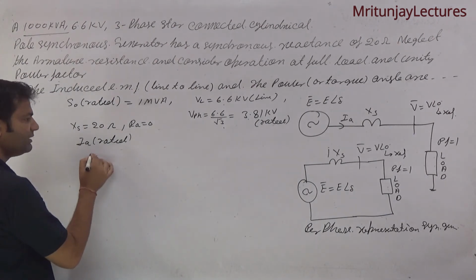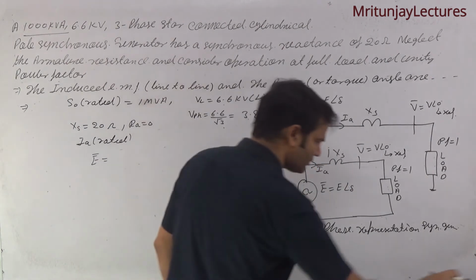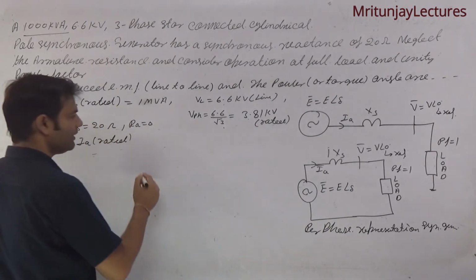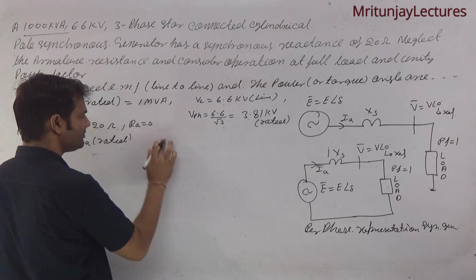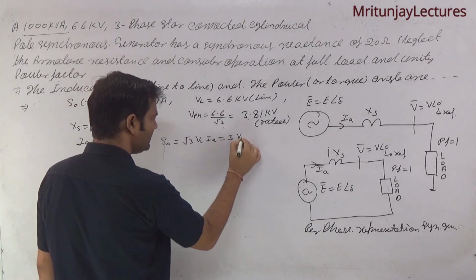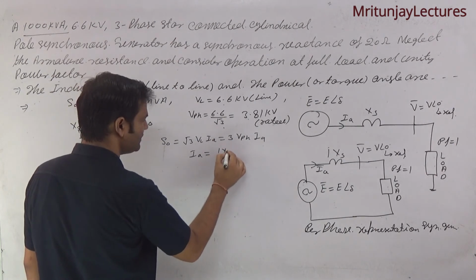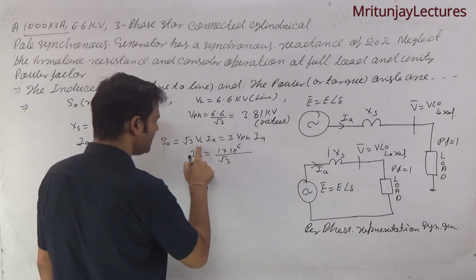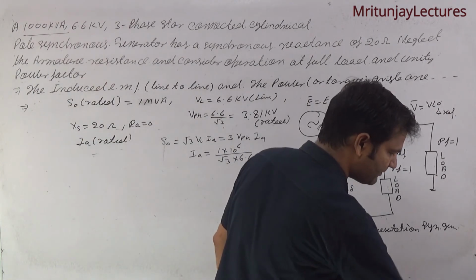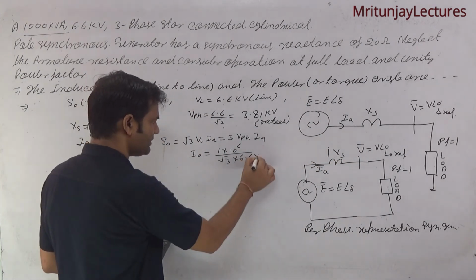Our motto is to determine E. First of all determine the armature current, with the help of three phase power. S naught is written as root 3 VL into IA, or 3 VPH into IA. So IA is 1 into 10 to power 6 divided by root 3 into VL, where VL is 6.6 kilovolt, so 10 to power 3.